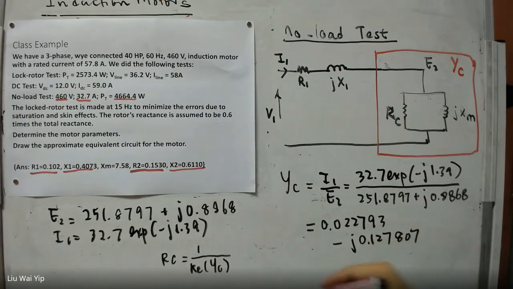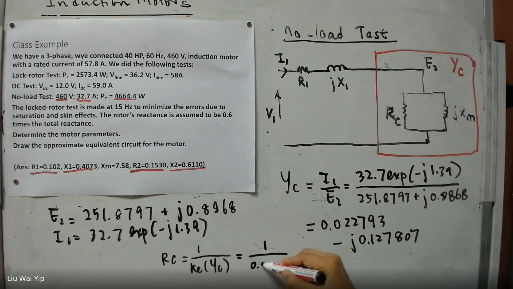So in this case, it's going to be 1 over that. And if you do it carefully, I can tell you the value here is 40 something, 43.9.